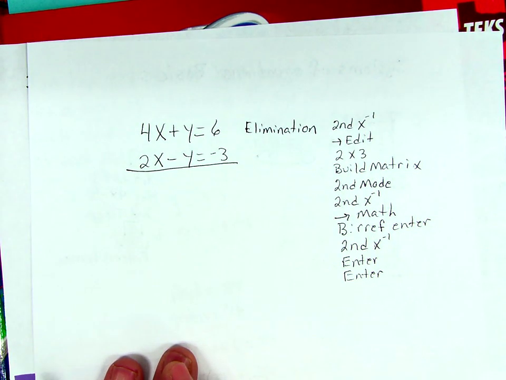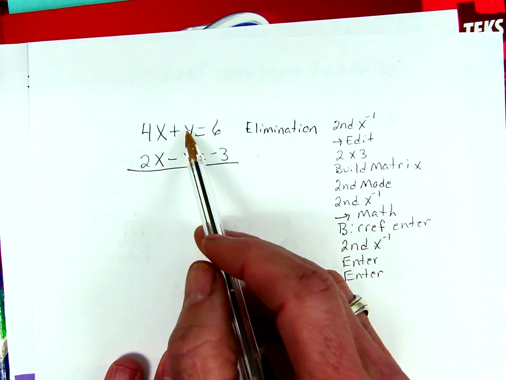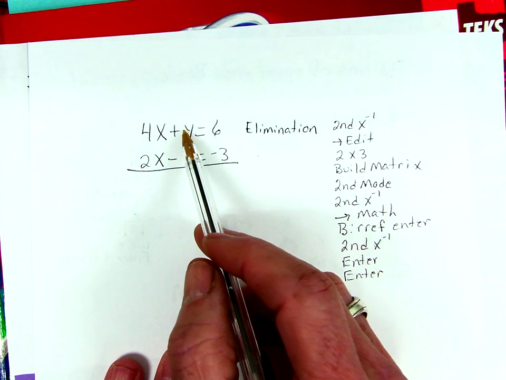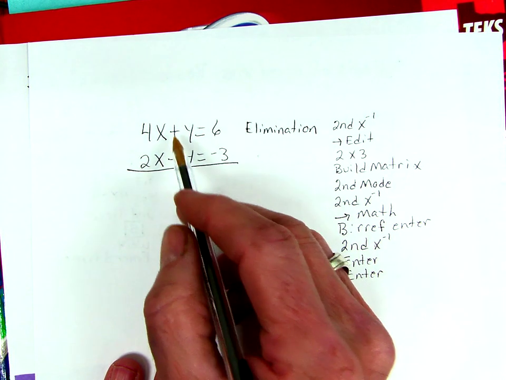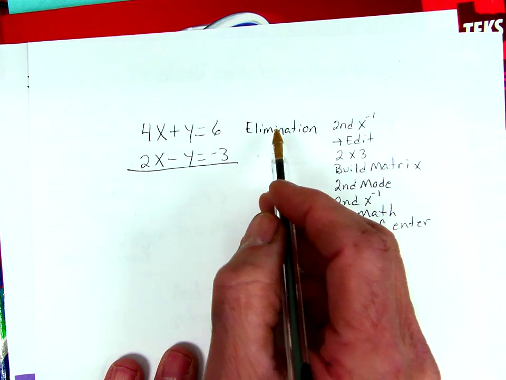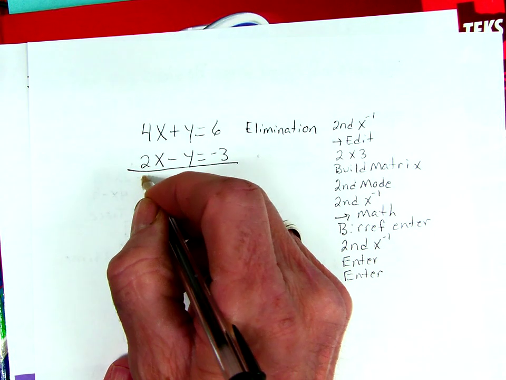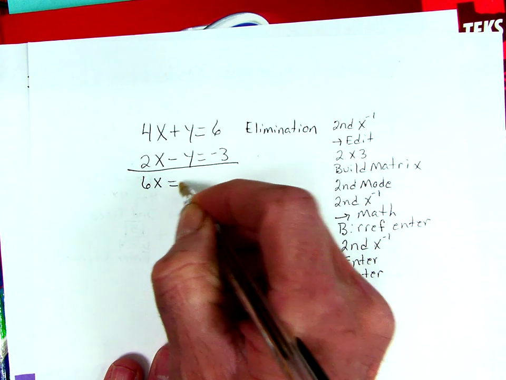Sometimes we'll need to multiply or divide, but mainly add or subtract to get rid of one of the variables. Here the y's both have 1 as a coefficient, positive 1, negative 1. That means if we add the two equations together, the y's will be eliminated.